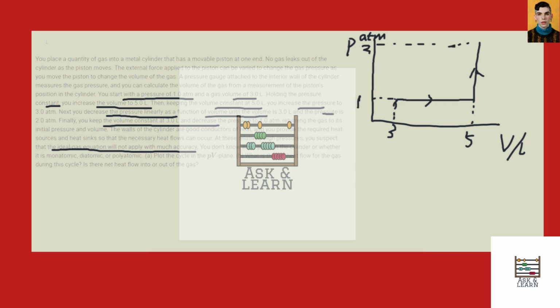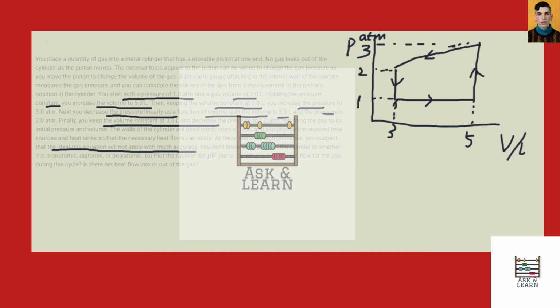This is 3. And then we decrease the volume and the pressure linearly until V becomes 3 and the pressure becomes 2. So this is the position at 2, a straight line going in this direction. And lastly, we just go back to the initial state.